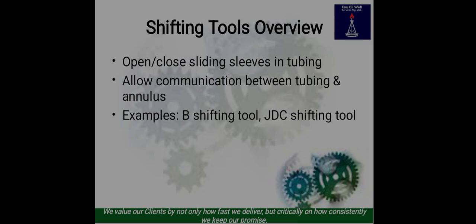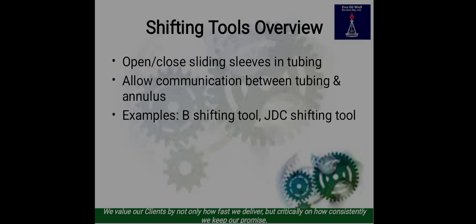What about the shifting tools? Let's have a good view of the shifting tools. Shifting tools are designed to manipulate sliding sleeves in the tubing. They are fitted with keys and dogs that engage sleeve profiles.